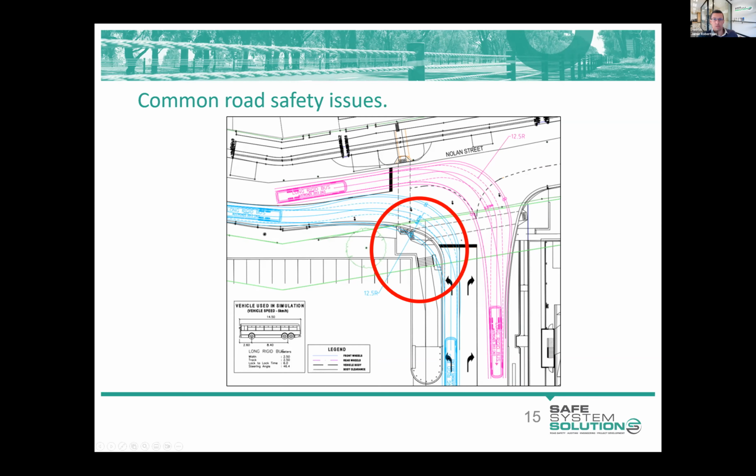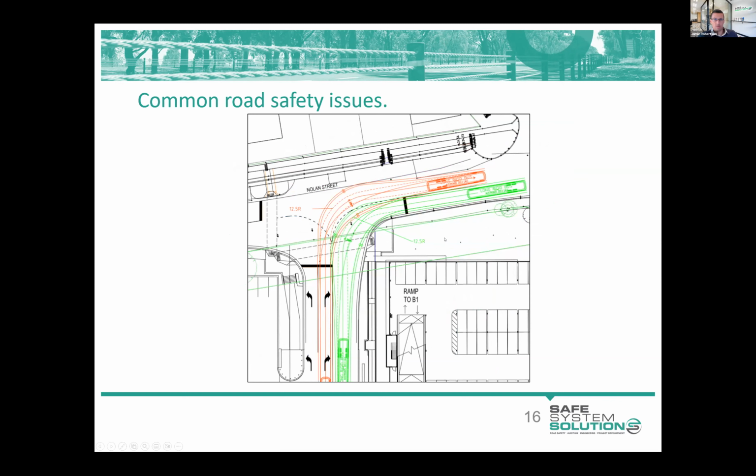The outermost of those is a clearance line, which represents the half metre desirable clearance that we are to provide to roadside objects such as curbs and so on. So it's fairly typical for that offset line to be shown as well. So it's important to know what you're looking at when you're reviewing these diagrams.